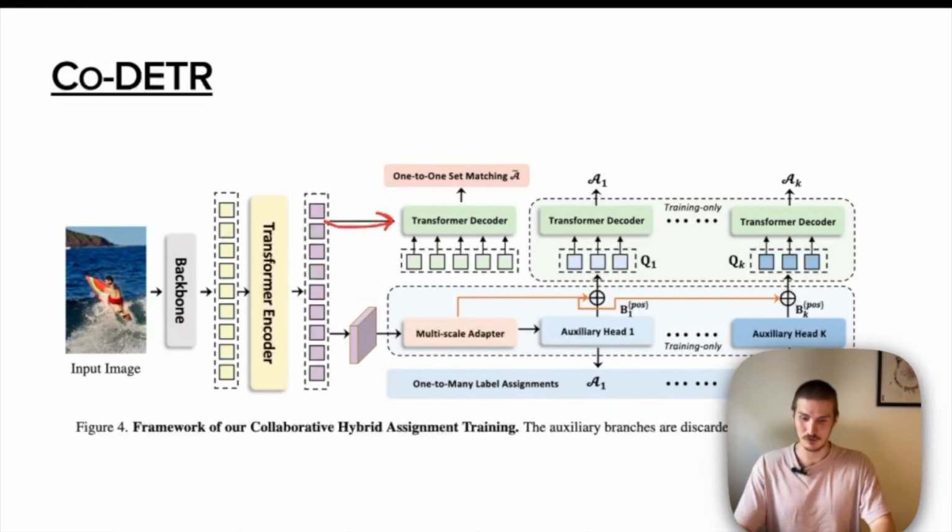And there are basically 2 major ways of setting up queries. Option number 1 is to just have statically initialized trainable embedding vectors, which means that the actual embeddings coming into the decoder will not depend on the image. They will always start from the same point, but they will be trainable.